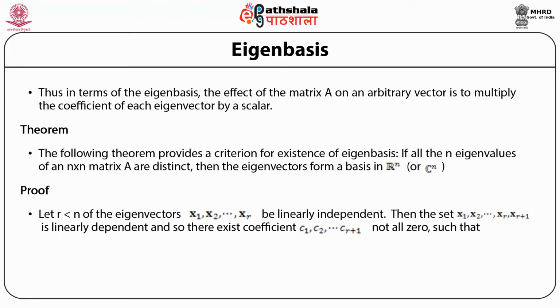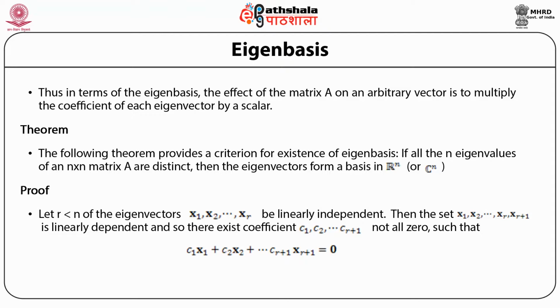Then the set x1, x2 and so on till xr and xr plus 1 is linearly dependent, and so there exist coefficients c1, c2 and so on till cr plus 1, not all 0, such that c1 times x1 plus c2 times eigenvector x2 plus so on till cr plus 1 into eigenvector xr plus 1 is equal to 0.